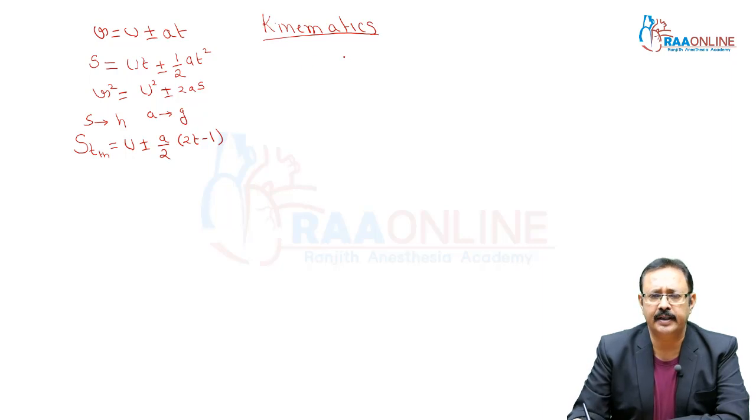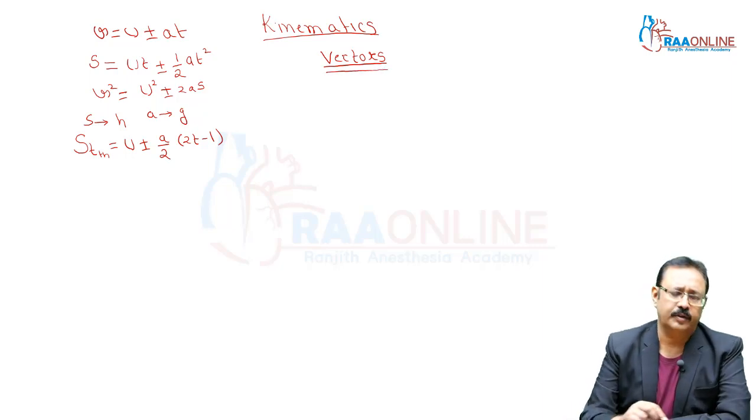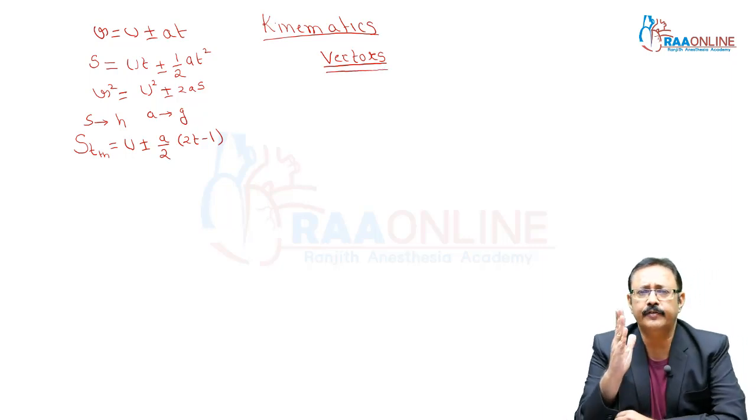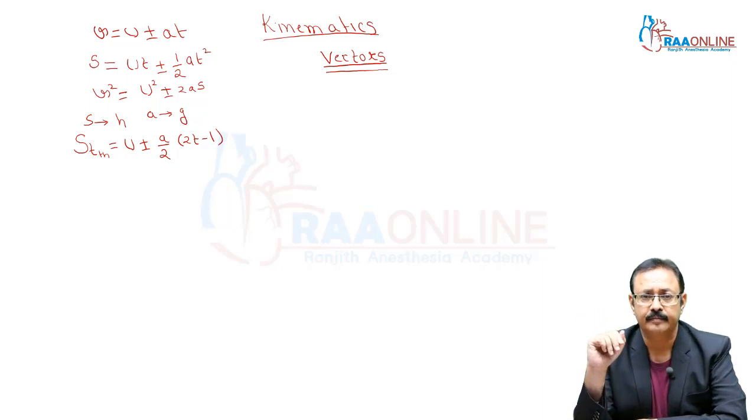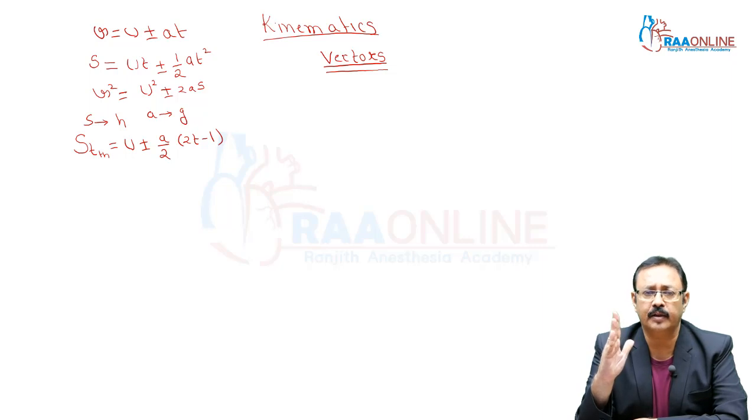Second important thing is vectors. You know that we have three types of physical quantities.